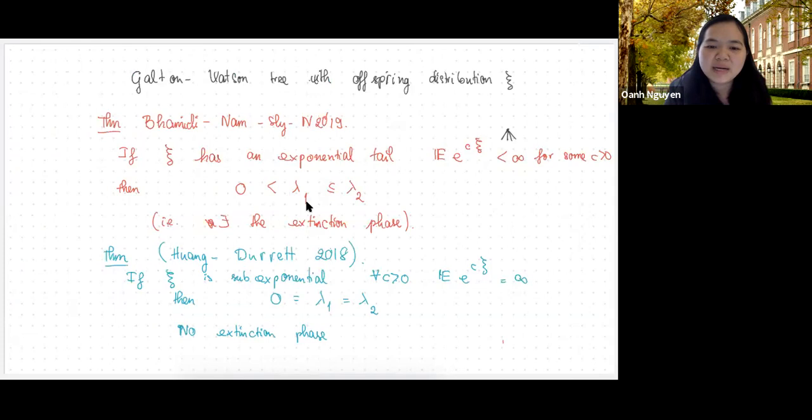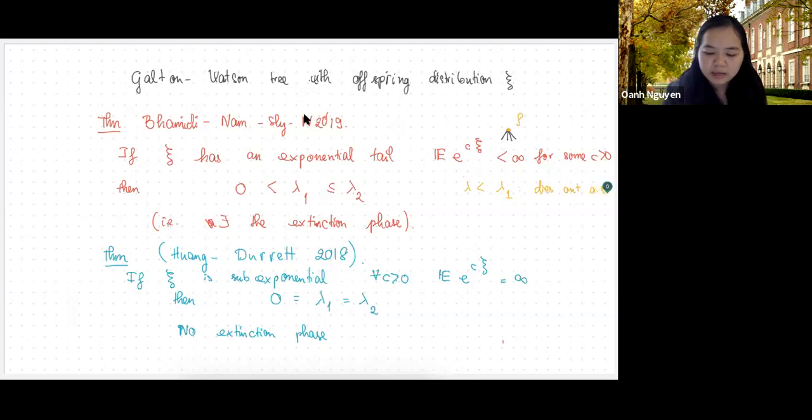So let me recall what lambda 1 and lambda 2 are again. Lambda 1 is the threshold for extinction and weak survival, meaning if lambda is smaller than lambda 1, then the contact process on the Galton-Watson tree starting with the root infected will die out almost surely with probability 1.